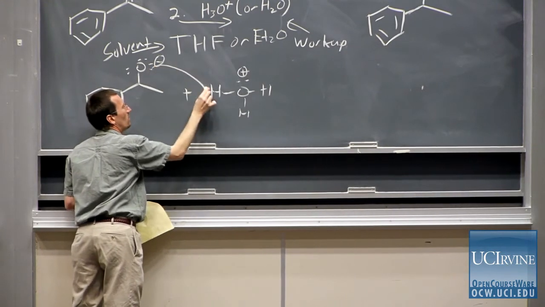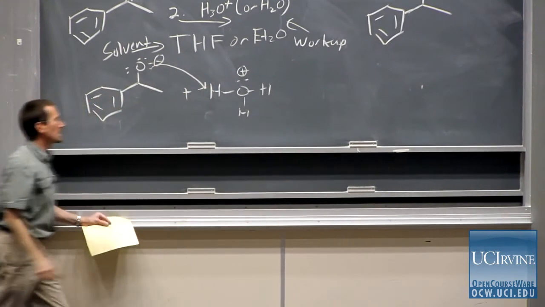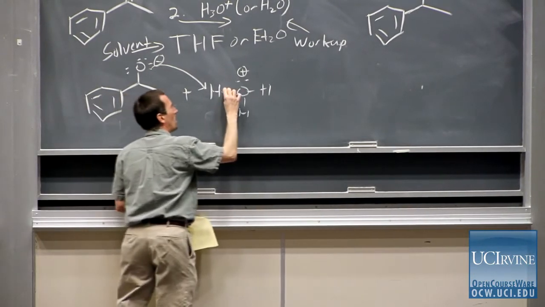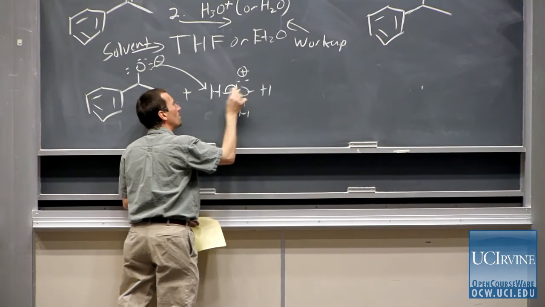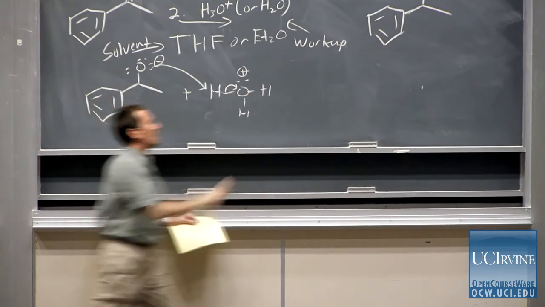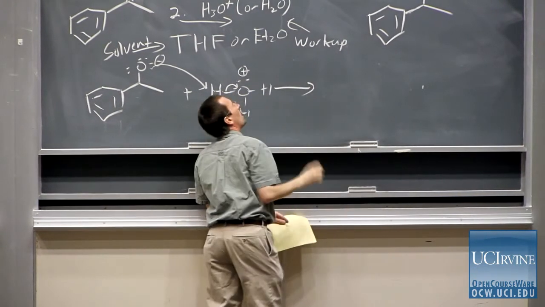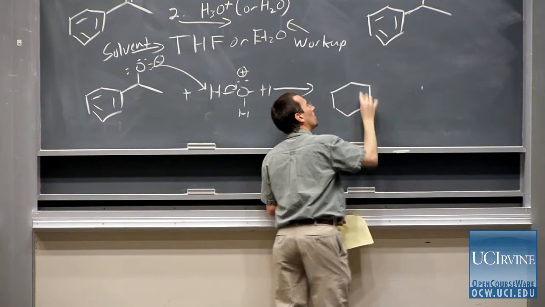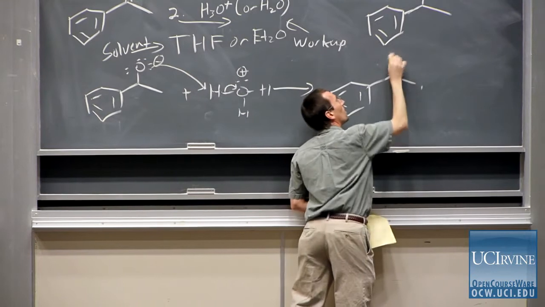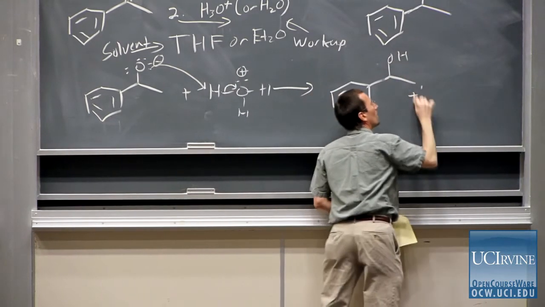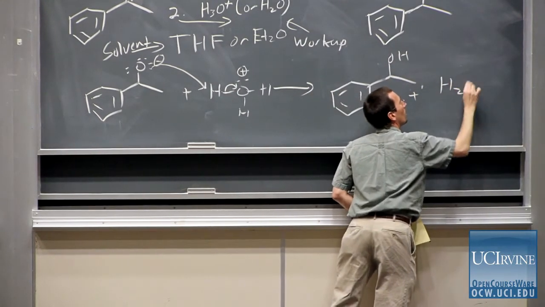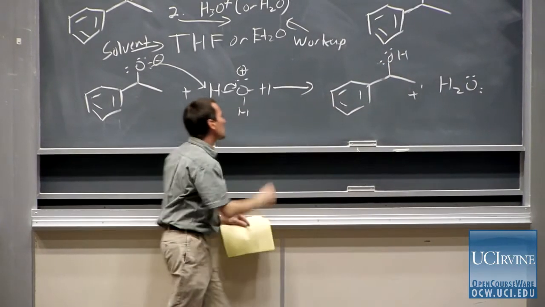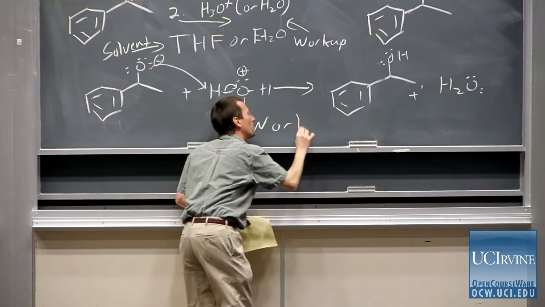And electrons flow from the alkoxide to the source of protons, and electrons flow from the source, from the hydrogen-oxygen bond, onto the oxygen. As I said, we call this step the workup.